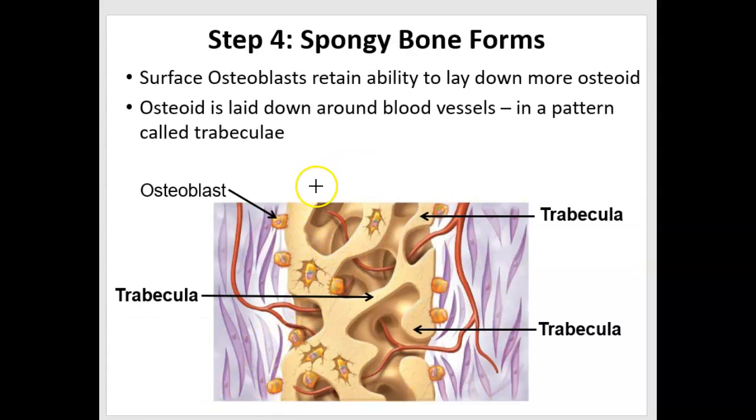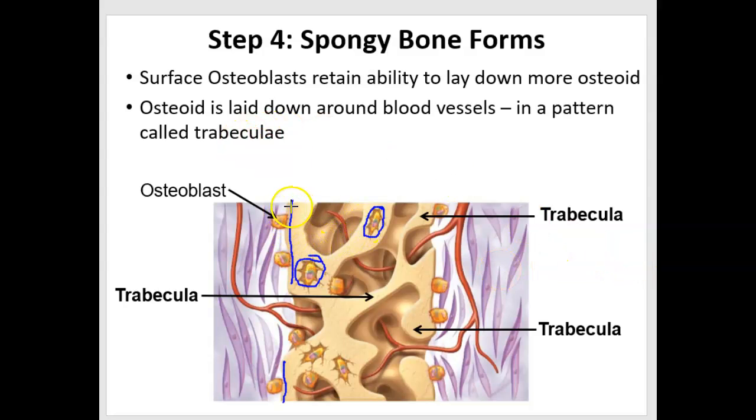Now, on the surface of this ossification center, there are osteoblasts that didn't get trapped by the hard matrix. In the center, there are osteoblasts that did get trapped. Okay, now those are called osteocytes.